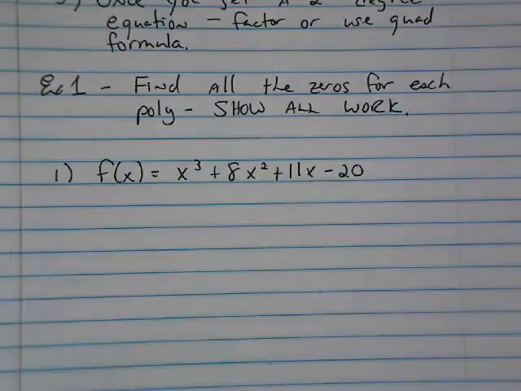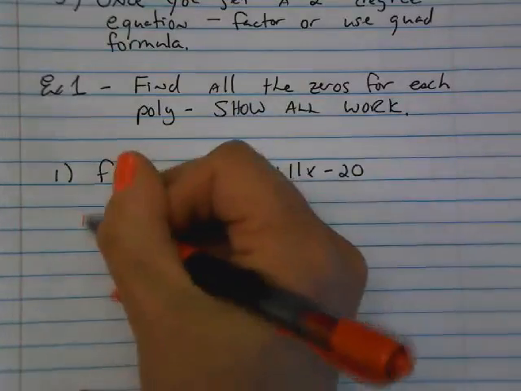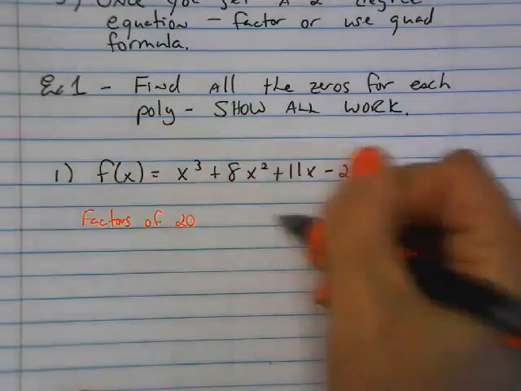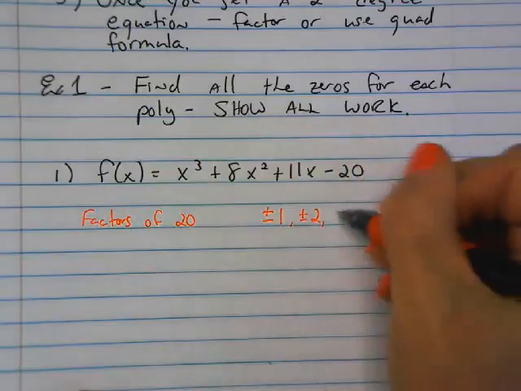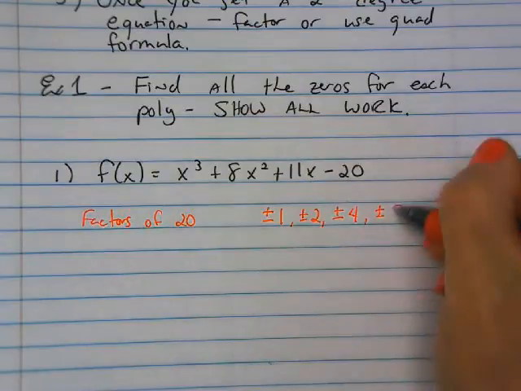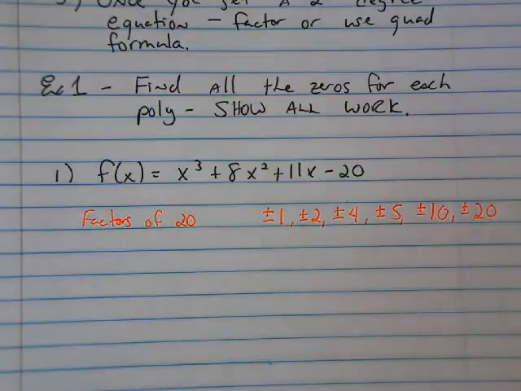So first, let's write down the factors of the constant. The constant is negative 20. What are some factors of 20? We have plus or minus 1, plus or minus 2, plus or minus 4, plus or minus 5, plus or minus 10, plus or minus 20.